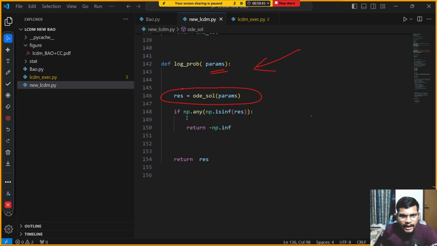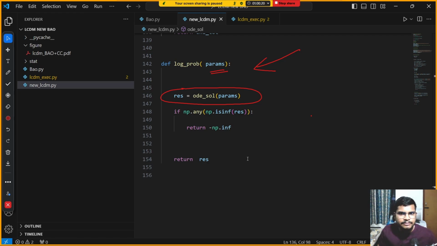If somehow the calculation is not done and the solution contains np.inf, then it will tell emcee that this solution is not valid, make the likelihood very, very low. It means that you can discard the calculation and go further on. Then return the result. When the result is infinity, this block will return minus infinity. If there is a result, it will simply give you the result. Now this block is also done.